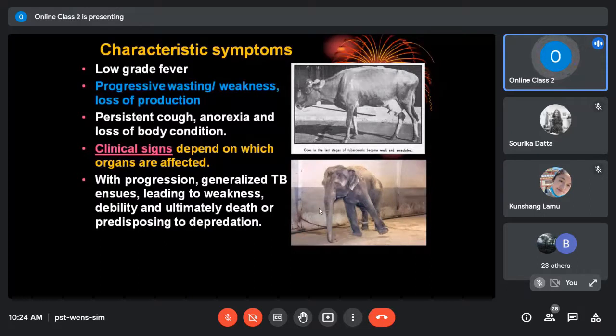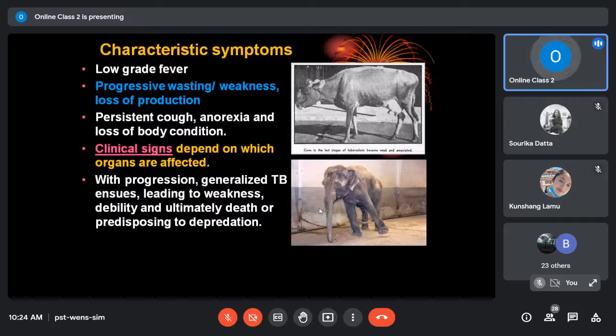In all these cases, most commonly they have a low-grade fever, then progressive wasting and weakness, loss of production, loss of appetite, and loss of body condition. These are common in all. With the progression of the disease, generalized tuberculosis may ensue, leading to severe weakness, debility, and ultimately death, or predisposing the animal to other infections.